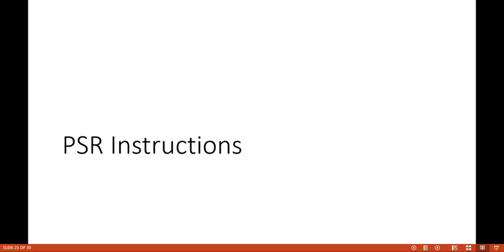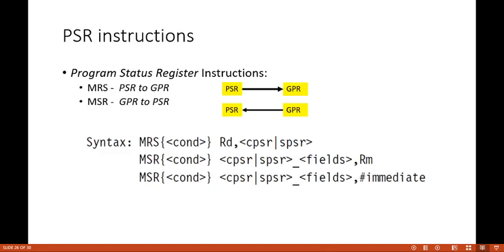Then the PSR instructions, processor status register instructions. When this instruction is executed, it transfers the contents from the program status register to the general purpose register, or vice versa. Two flavors are present here: one is MRS, the second is MSR. When you give the MRS instruction, it will transfer the contents of the program status register to the GPR.